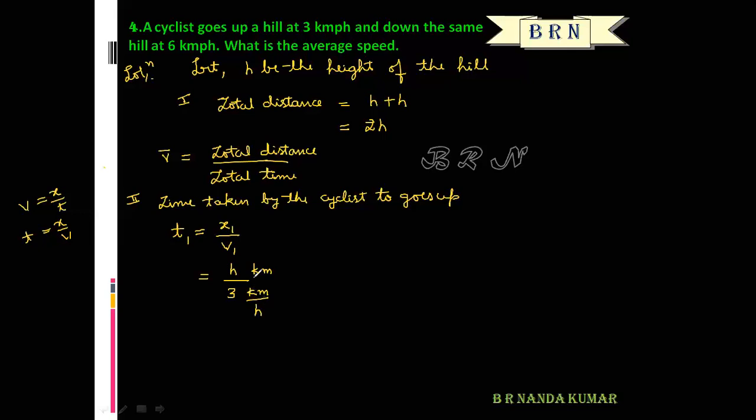So kilometer gets canceled. This is H divided by 3 hour. Better let us consider capital H as the height of the hill. This is H plus H, this is 2H. This is H divided by 3.